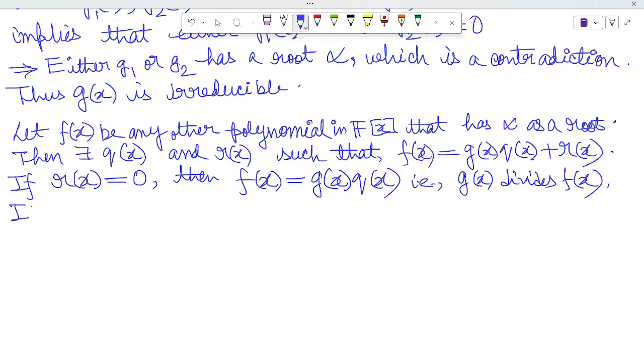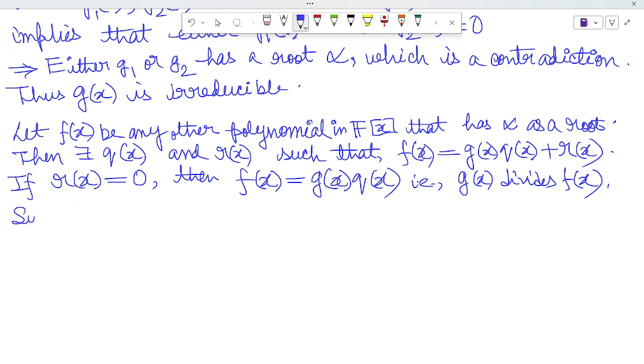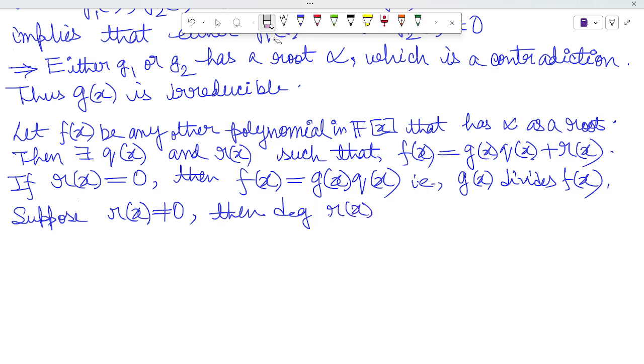But suppose r(x) is non-zero. Then the division algorithm says what? Degree of r(x) is strictly less than degree of g(x).